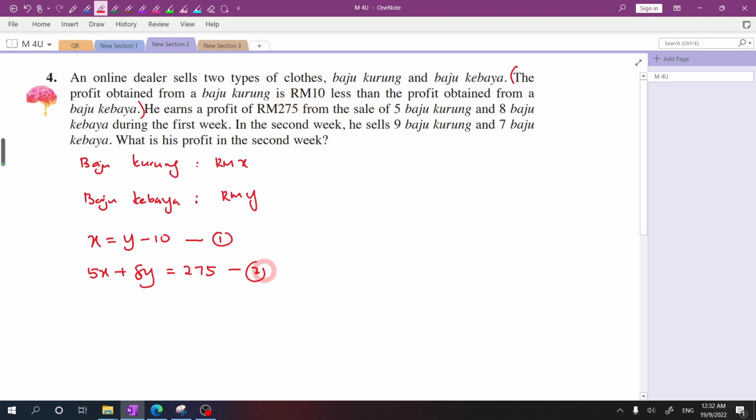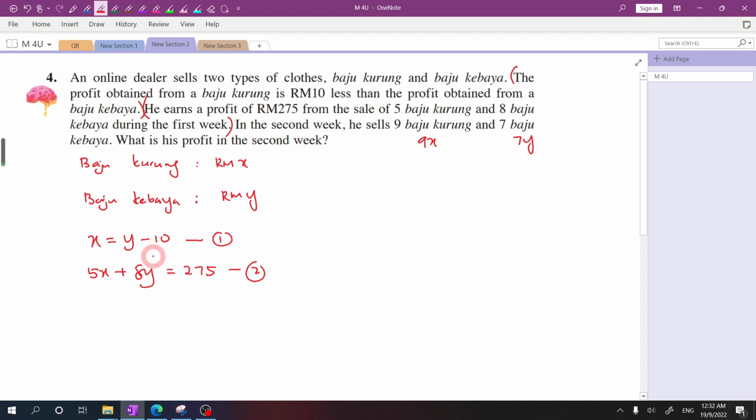Okay, this will be the second equation, coming from this sentence. In the second week, he sells 9 baju kurung, which is 9x, and 7 baju kebaya, which is 7y. What is his profit in the second week?